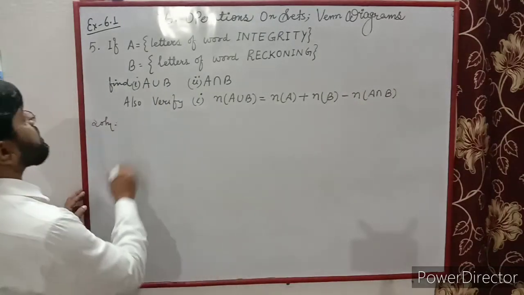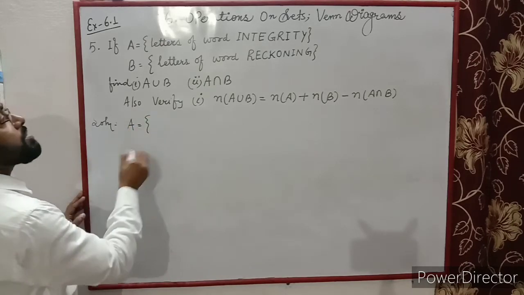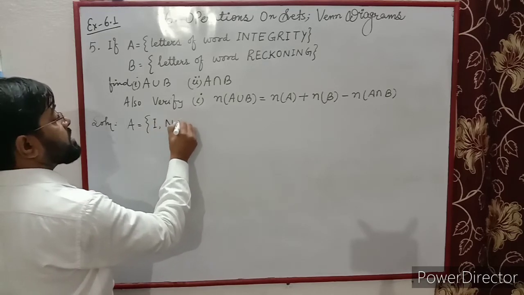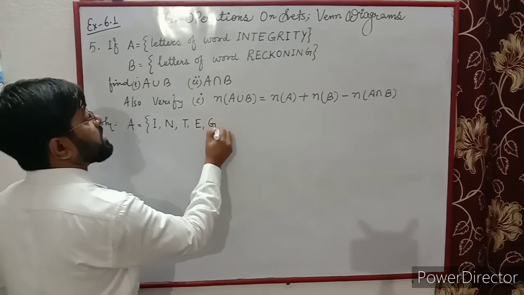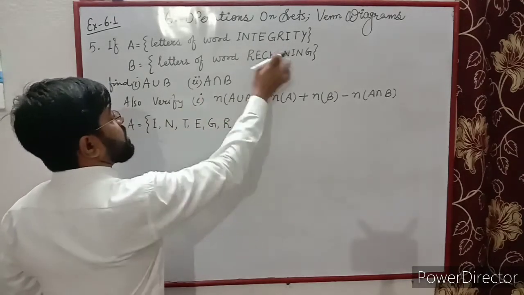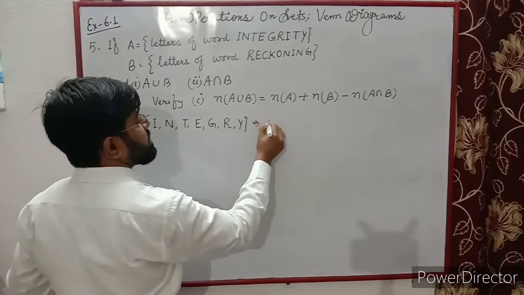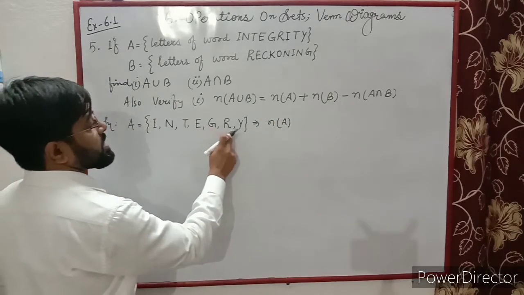So first of all, set A converted into roster form: I, N, T, E, G, R, I already written, T already written, and Y. Now the cardinal number of set A: 1, 2, 3, 4, 5, 6, 7.